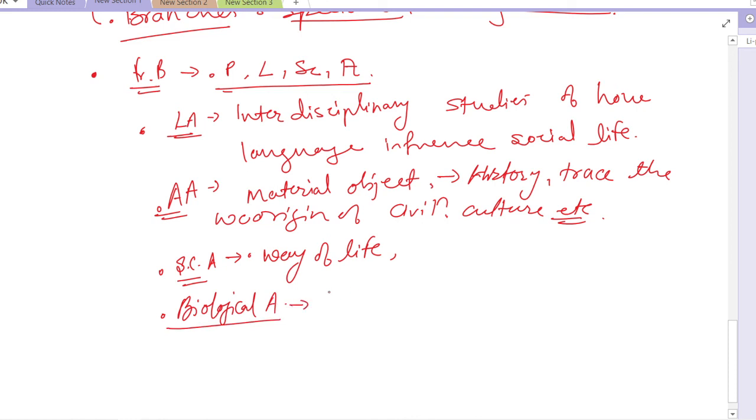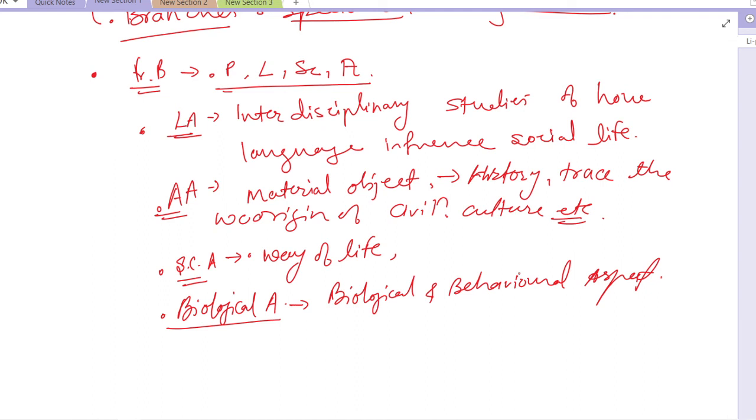Biological anthropology is the study of biological and behavioral aspects. Is it related to humans only? No. It also relates to non-human primates and their extinct hominid ancestors. It is a subfield of anthropology that provides a biological perspective to the systematic study of human beings.